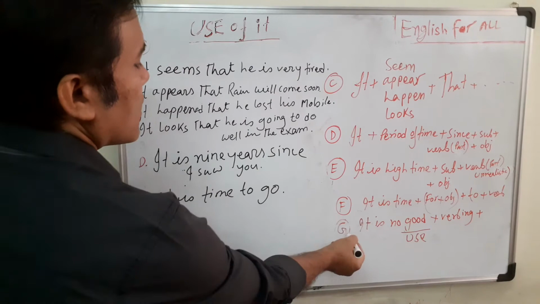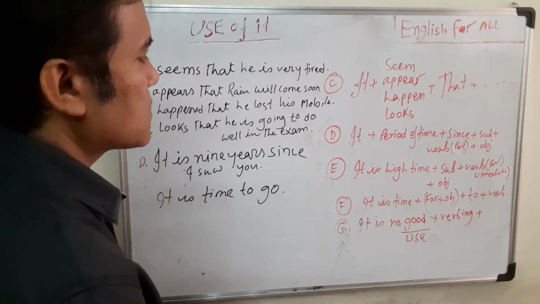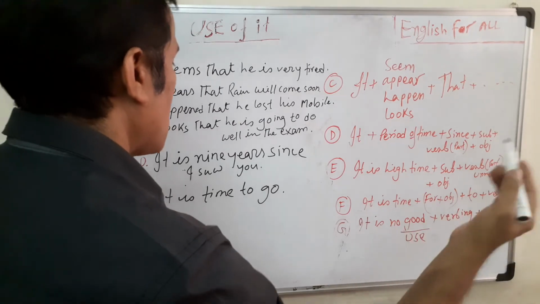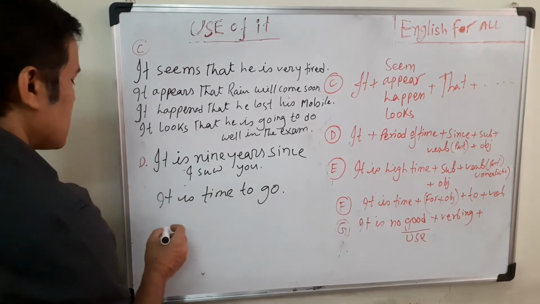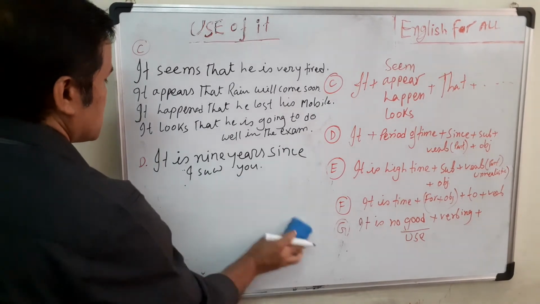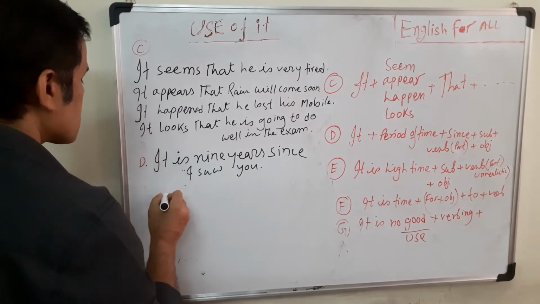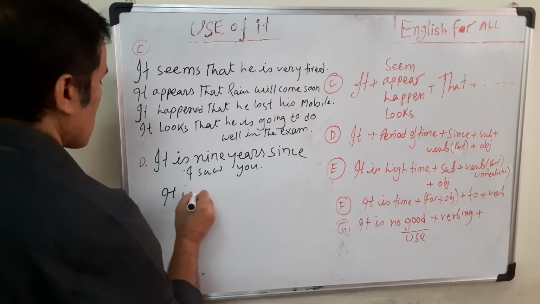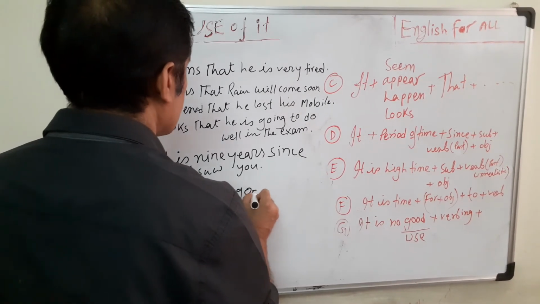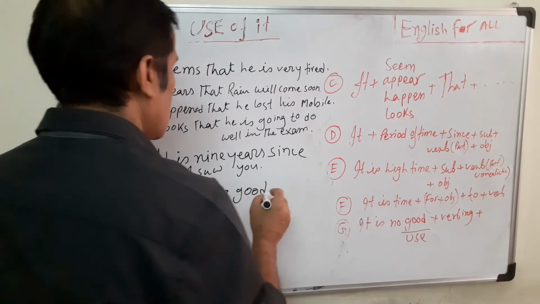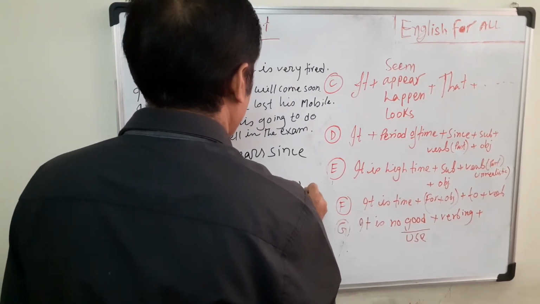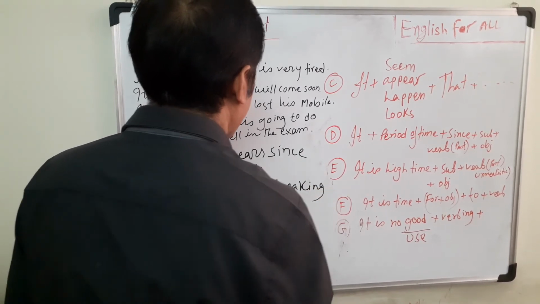Then go for the last one. It is no good plus verb ing plus other words. We can make such sentences using this. It is no good breaking promise.